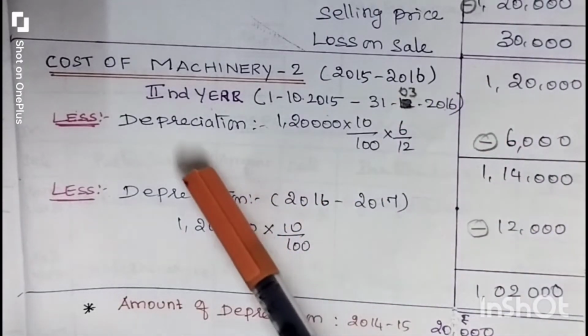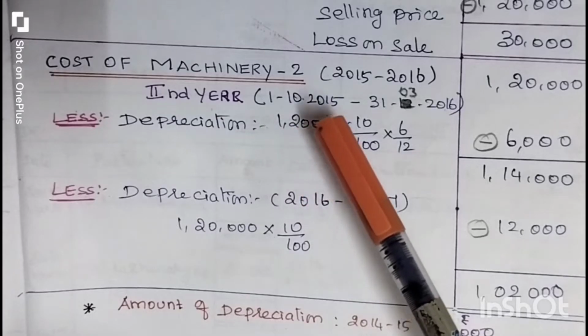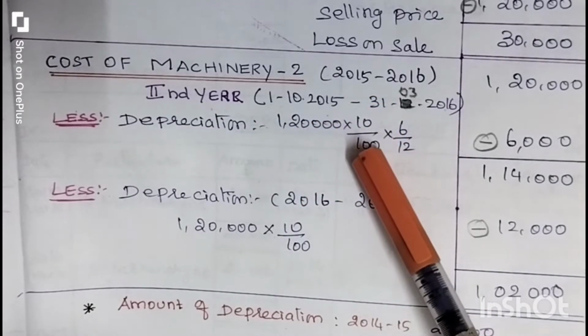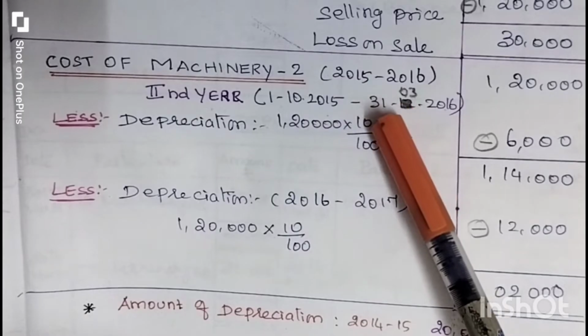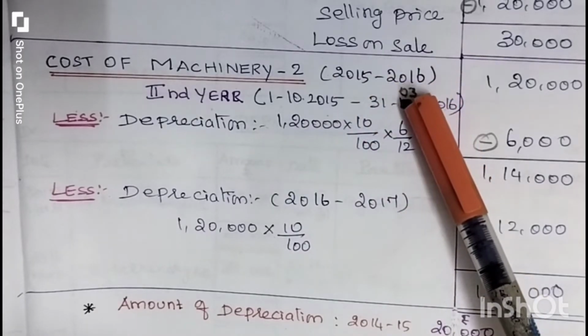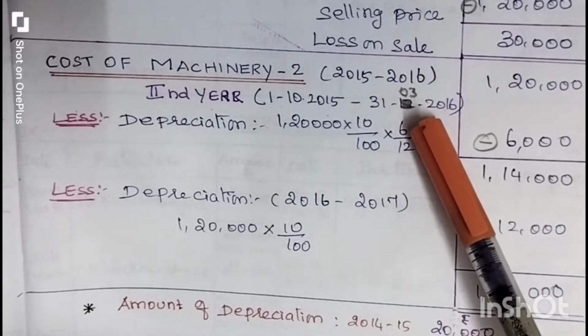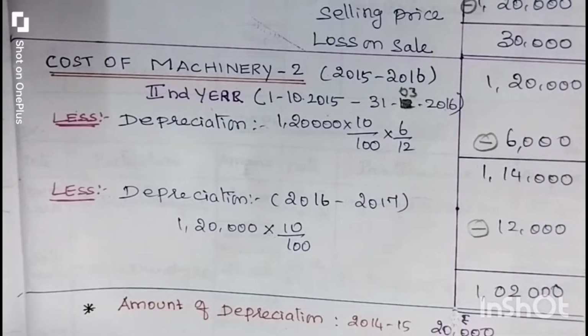We have to find the depreciation of 1,20,000 rupees at 10% in the straight line method, from 1/10 to 31st March. In between, we have 6 months out of 12 months. After cancelling, you get 6,000 rupees.